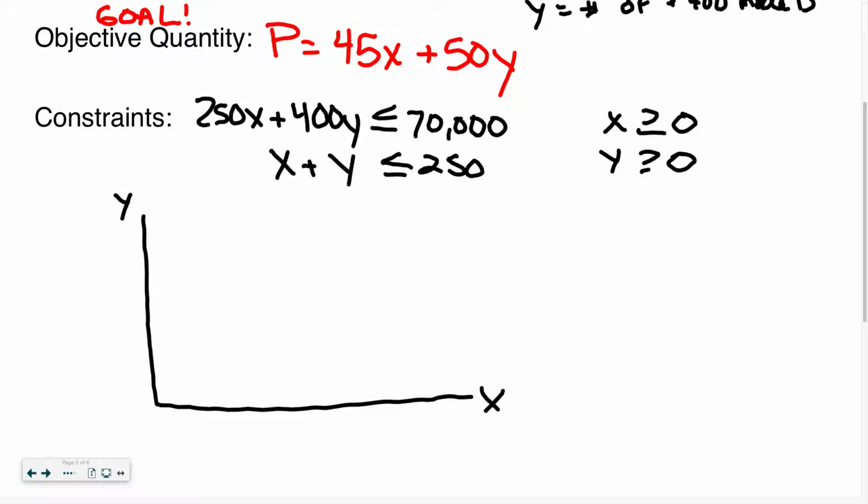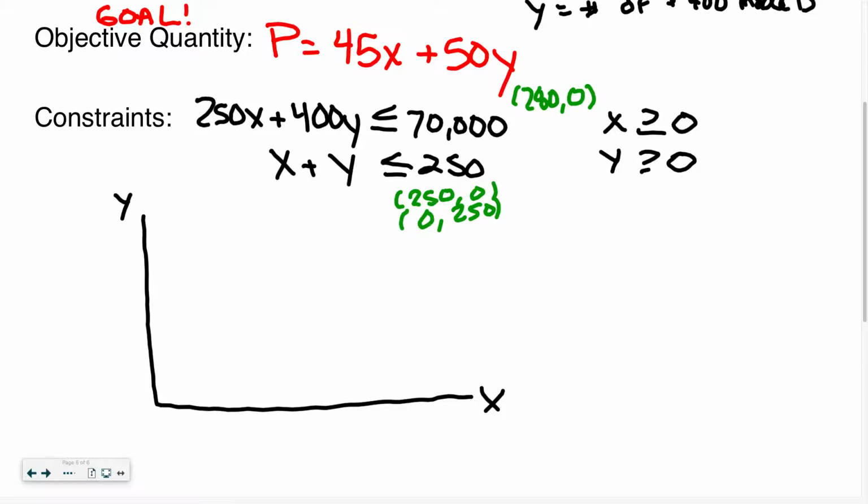I love X plus Y equals 250 because my X intercept is at 250 and my Y intercept is at 250. That's easy, right? Can you guys help me out with a calculator here? What is my x-intercept for this top line? If I put 0 in for y, I have to do 70,000 divided by 250.